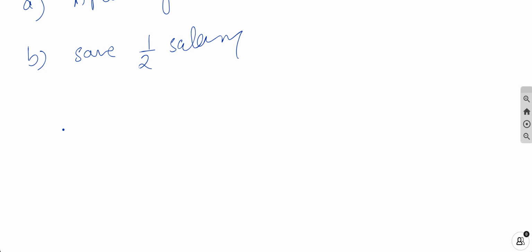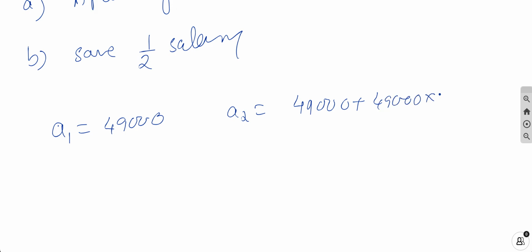Your first term, which means in the first year, you have 49,000. What will happen to your salary in the second year? It is 5% of this, so it will be 49,000 plus 49,000 times 5%. The other way I can say is 49,000 times 1.05.